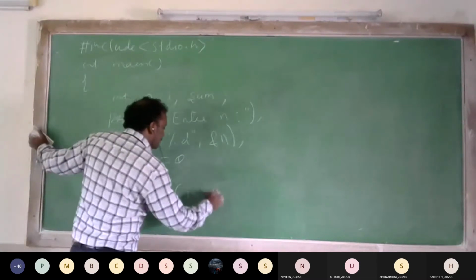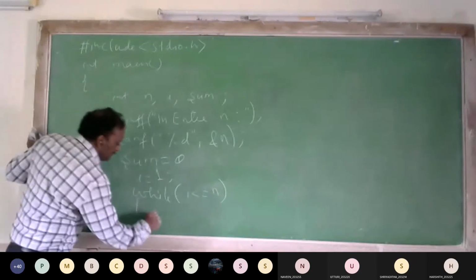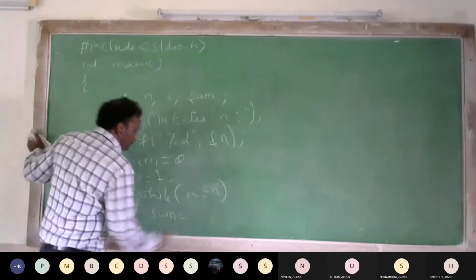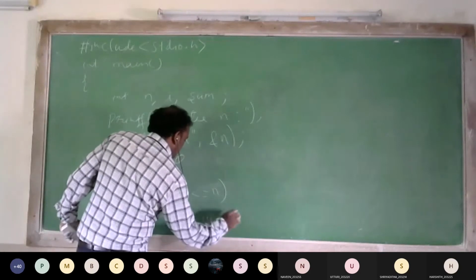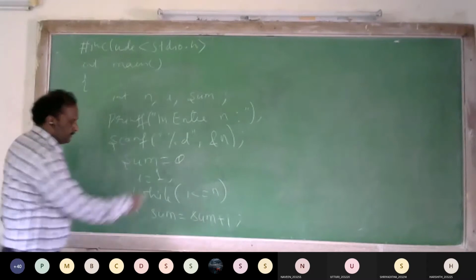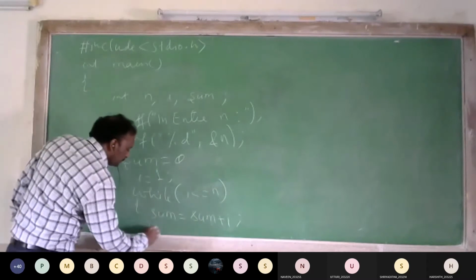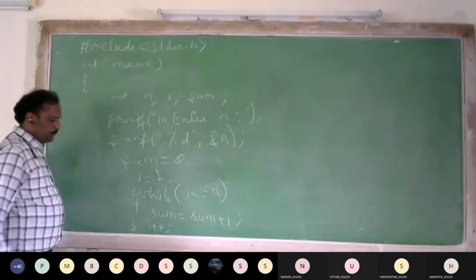Now, while I is less than or equal to n, up to n numbers we need to add. Sum is equal to sum plus I. Now, I is 1, increase it to 2. Now close the while loop.